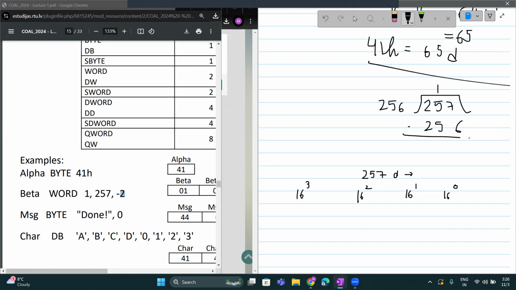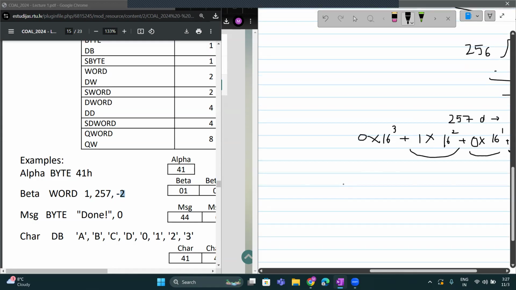256 times 1, remainder 1. So what is this? It's 0 times 16 cube plus 1 times 16 square plus 0 times 16 plus 1 times, this is the remainder. So we just basically need to divide this number in terms of powers of 16. So 16 square and 16 power 1 and 16 power 0.